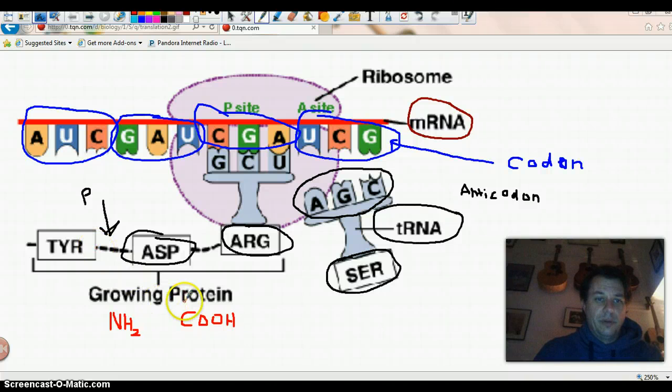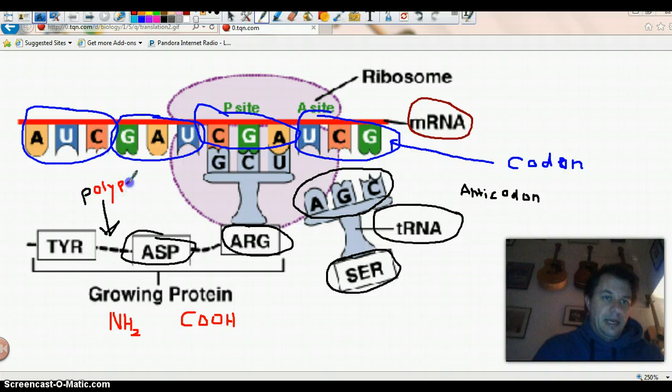All right, and so here's our peptide bond, amino acids, and as we proceed here, this is going to be a growing protein because proteins are made of amino acids. So what we have here is an amino acid, an amino acid, an amino acid with peptide bonds. Eventually, this is no longer going to be just a peptide bond when you get many, poly for many.